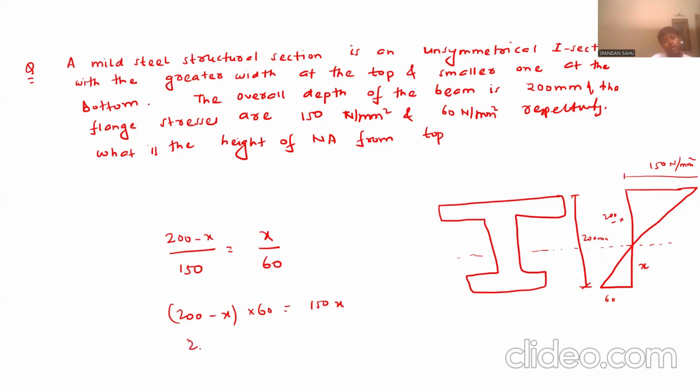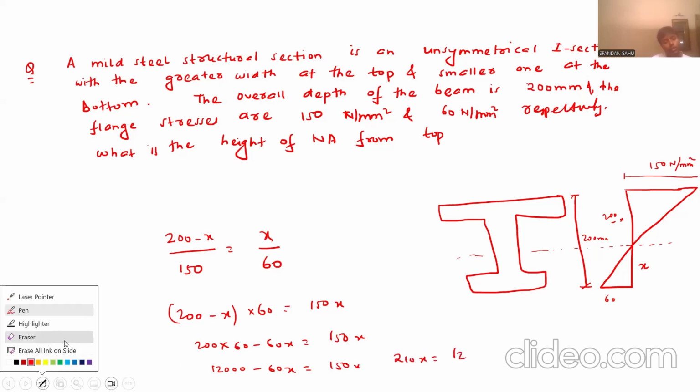So 200 into 60 is 12,000, minus 60x equals 150x. So 210x equals 12,000.